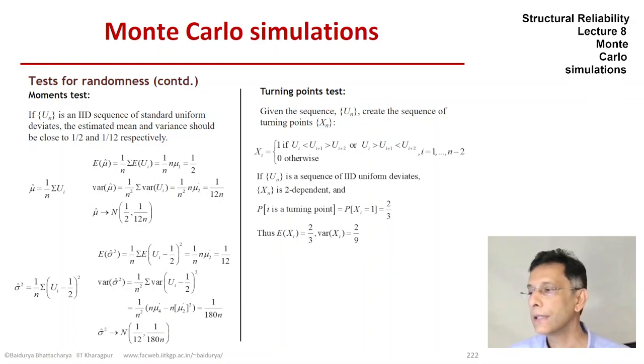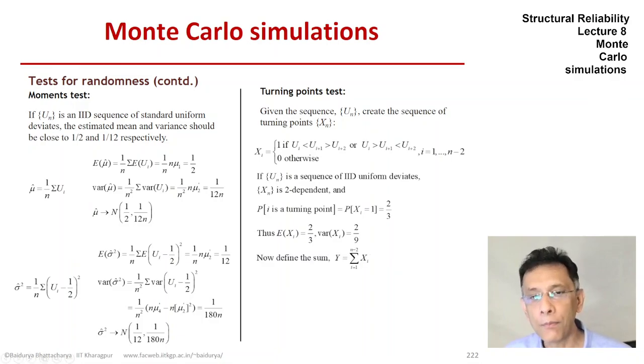They're all equally likely. So the mean of x is 2/3 and the variance is 2/3 times 1/3, so that's 2 over 9. And if we define the sum of all these n minus 2 turning points, then the mean of the sum, the mean of y, is n minus 2 times 2/3, the probability that x is one turning point.